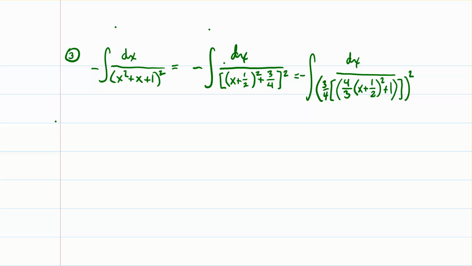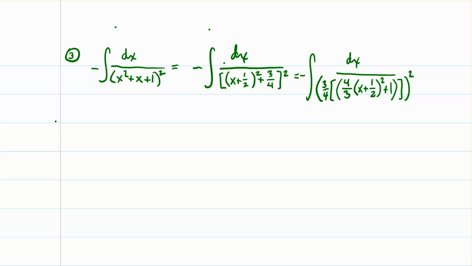Now the next thing that I would do here is, because the 3/4 is a factor of that whole squared expression, I can bring it out of the square, bring it all the way out of the integral, and that would come out as, since it's squared, 9/16 in the denominator, 1 over 9/16.